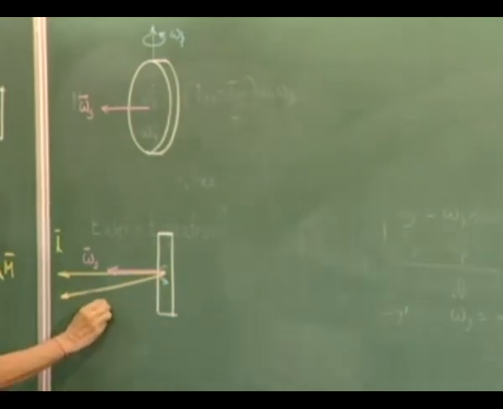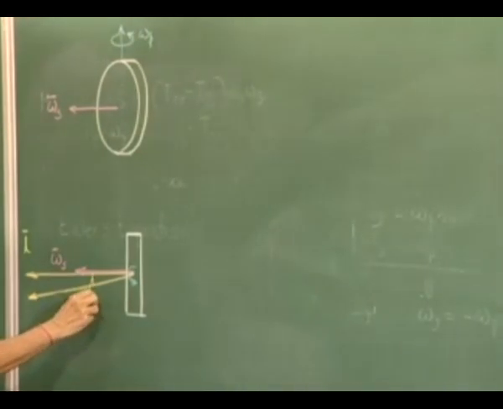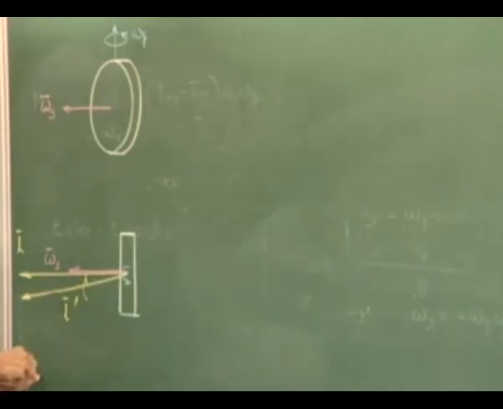This is the new angular momentum vector, and this angle will be how much? The angular velocity, which is omega p, into the time, which is delta t. So this is nothing but omega p into delta t, this angle.